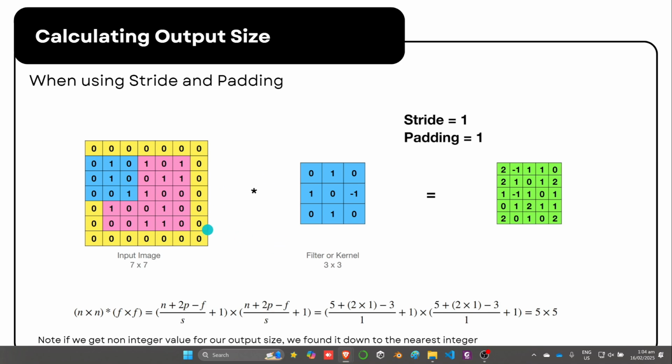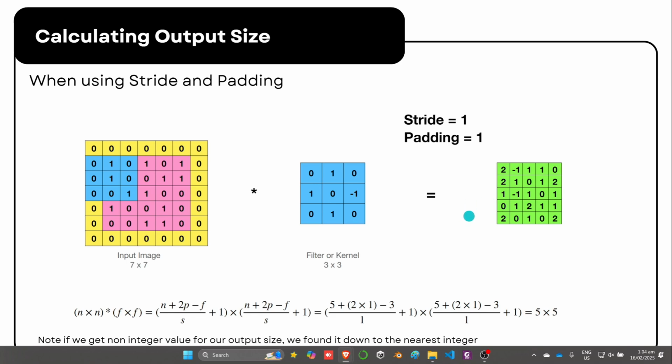Substituting these values gives us a 5 by 5 size. So if we increase stride, we get smaller feature maps. If we increase padding, we can get larger feature maps. So it's a balancing act.